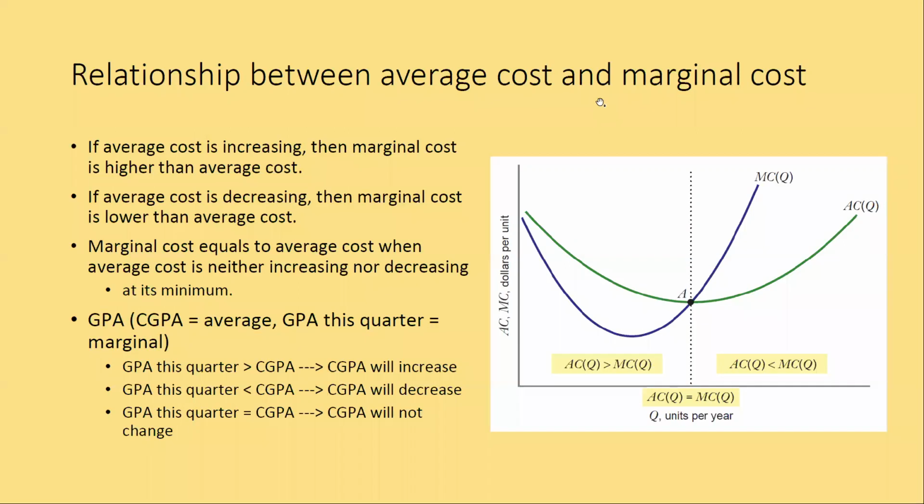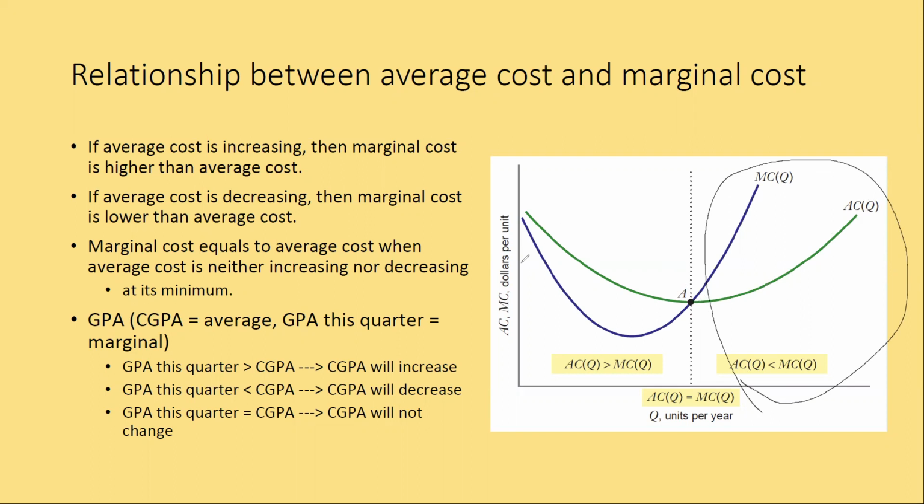On the graph, this corresponds to this area, right? So here we can see that our marginal cost curve, the blue line, is always higher than our green line, which is our average cost curve. And over this region, our average cost curve is increasing as Q increases.